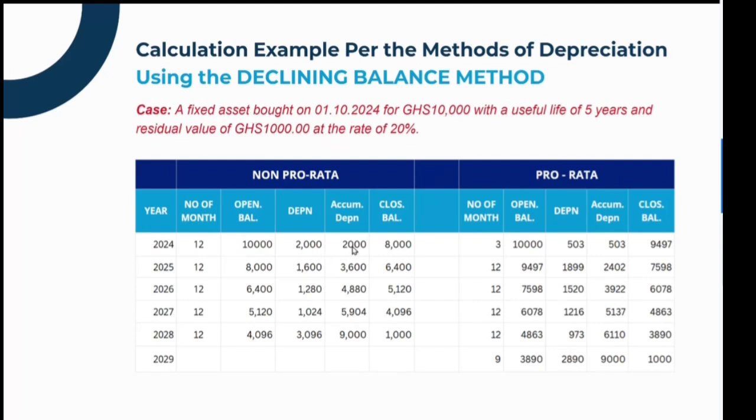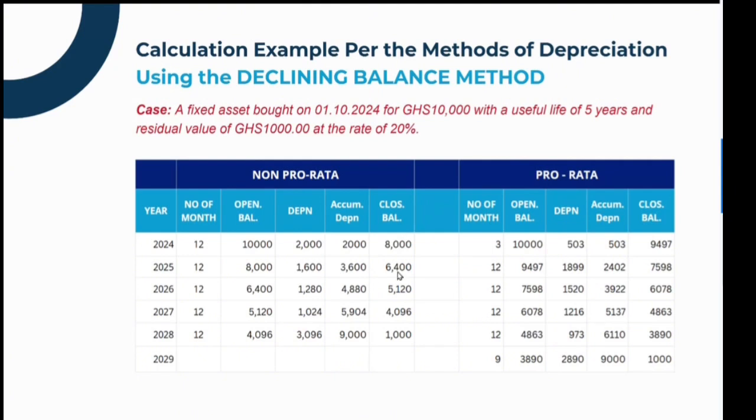Now your accumulated depreciation at the end of the first year will give you also 2,000. The closing balance at the end of the first year will be 8,000. That becomes your opening balance in year 2. Your depreciation of 20% on this closing balance now becomes 1,600. The accumulated depreciation now becomes 3,600, which is the 2,000 plus the 1,600.